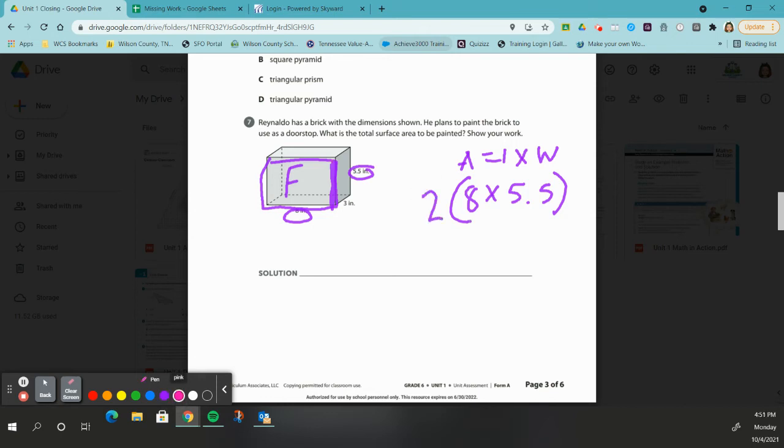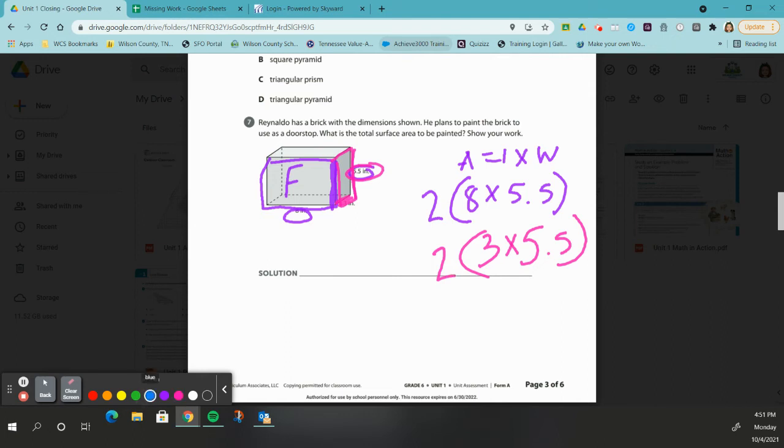Then let's take a look at our side pieces. So we have our left side and our right side. Again, we have rectangles here, and we have a length of 3, and then we have a width of 5.5. So 3 times 5.5. And the left side and the right side are going to have the same area in this particular shape, so we're multiplying it times 2.